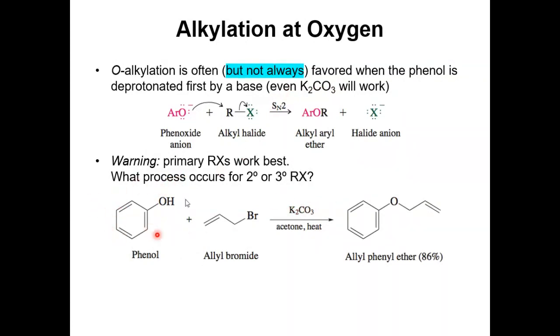So when you see phenol react with potassium carbonate, the potassium carbonate will remove a proton from phenol and give you potassium phenoxide. And the potassium phenoxide is a fairly good nucleophile. It's just like alkoxide, similar.